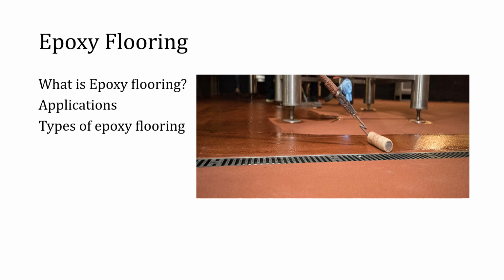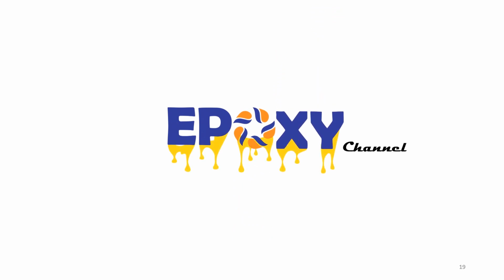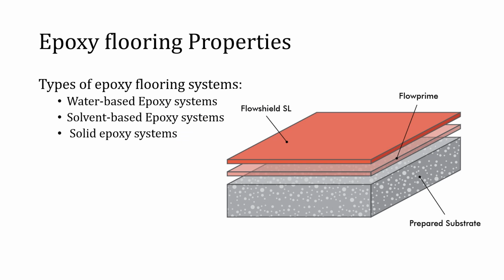There are several general types of epoxy flooring, such as epoxy terrazzo flooring, epoxy flake coating, epoxy floor coating, self-leveling or SL epoxy flooring, anti-static epoxy flooring, epoxy screeds, etc. Epoxy floorings are tough, durable, and highly stain resistant.